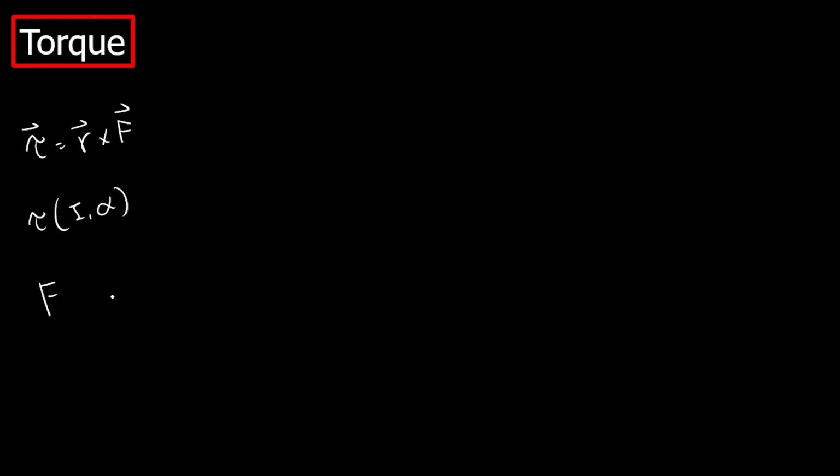According to Newton's second law, we have F equals ma. Since moment of inertia is analogous to m, angular acceleration is analogous to linear acceleration, and torque is analogous to force, then we can quite correctly assume that torque is equal to I multiplied by alpha.